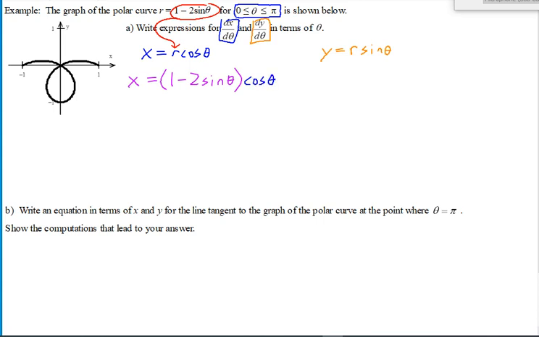And then you could take the derivative in this form if you want, using the product rule, or you could distribute it out first. It just depends on the problem. I think in this case it might be easier if we distribute out the cosine first. So here we'll have x equals cosine theta times 1 is cosine theta, minus 2 sine theta times cosine theta.